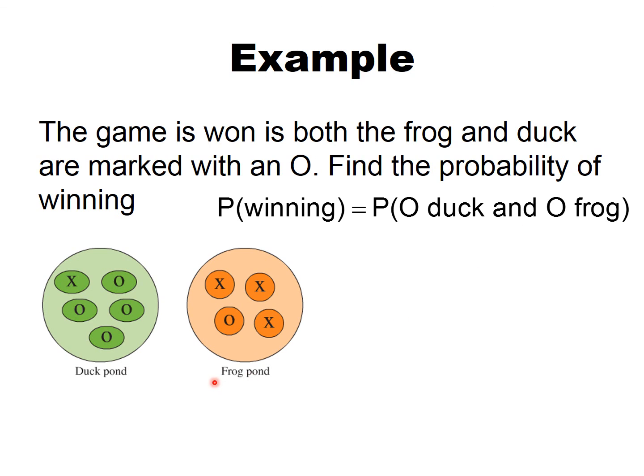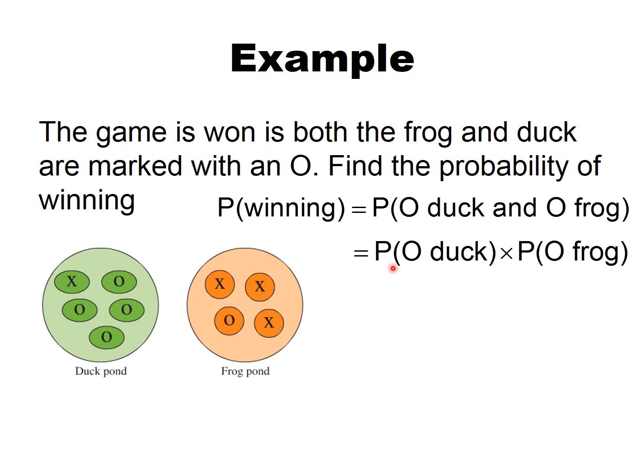So then I check, are things independent? Well, what I choose from the duck pond does not affect the frog pond because they're completely separate ponds, so they're independent. So by my multiplication rule, I can take the probability of an O duck times the probability of an O frog and multiply them.